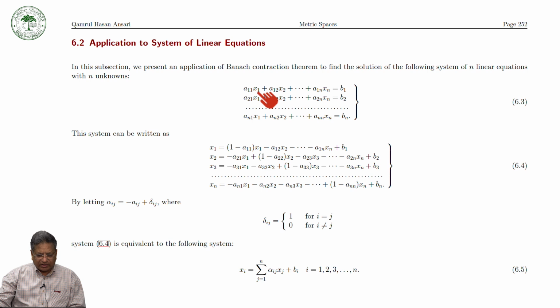How can you do this? You take x1, the rest of the terms you take on the right hand side, and then you divide. So we can write the first one as x1 is equal to this. I write x1 is equal to x1, and the rest of the things you take on the other side. Similarly, x2, x3 and x4 you can write in this way.